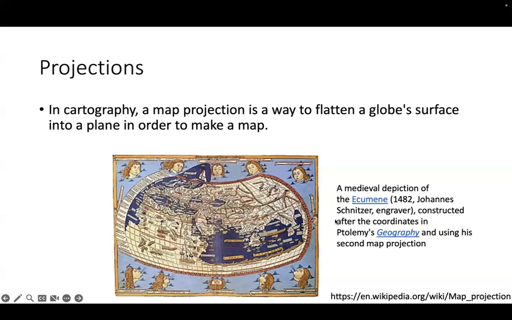You can see here the oldest atlas, or world map, that was created by researchers. This part represents Europe. This is Africa. This is Saudi Arabia, Iran, and so on.